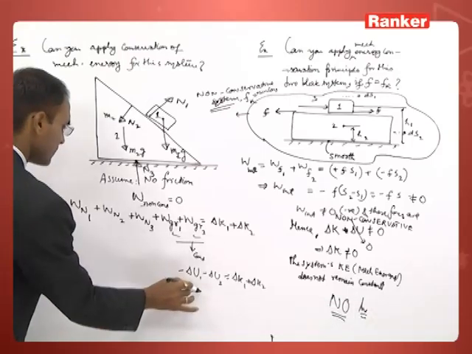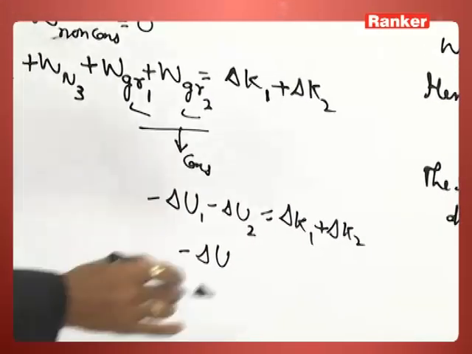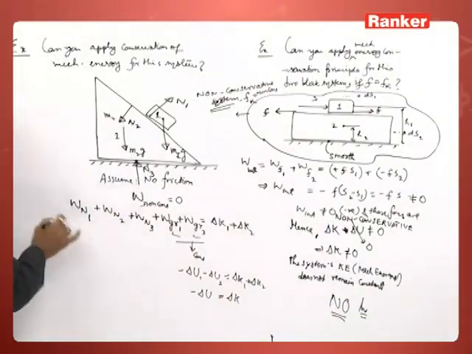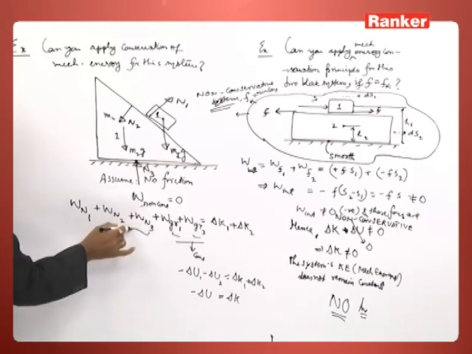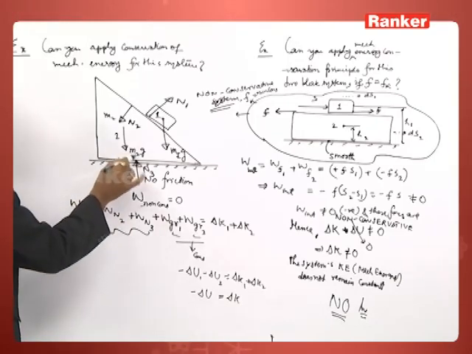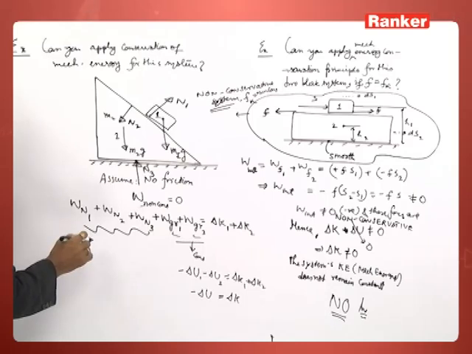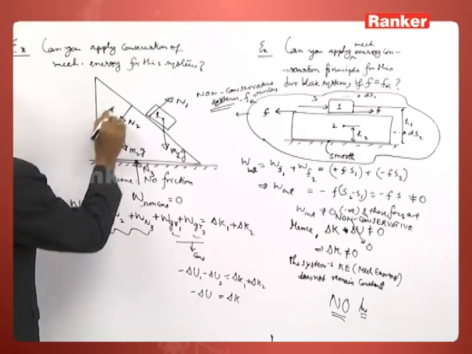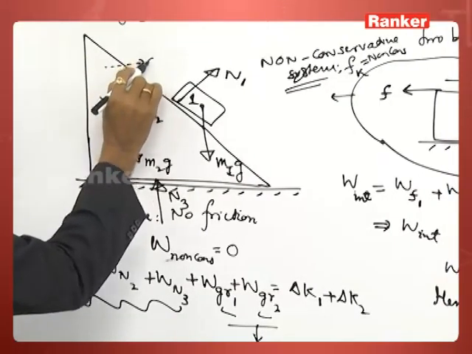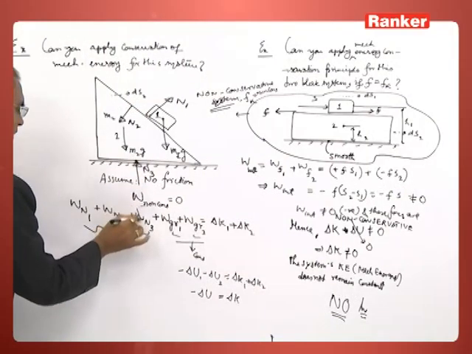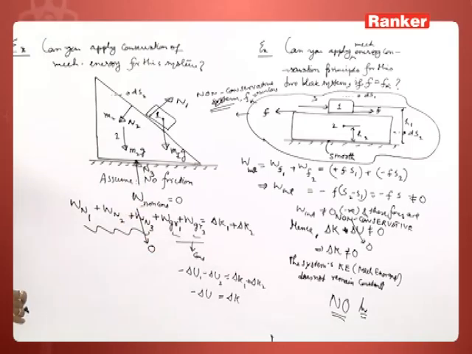So, this term is the change in potential energy, this term is the change in kinetic energy, and this is the work done by the normal reactions. Since normal reaction N3 is perpendicular to the displacement of the wedge, work done by N3 will be 0.